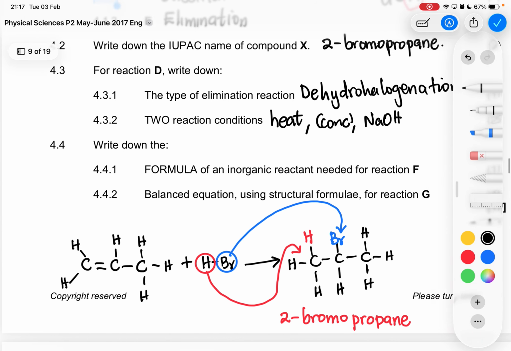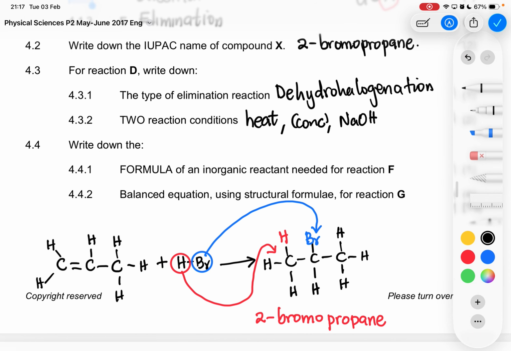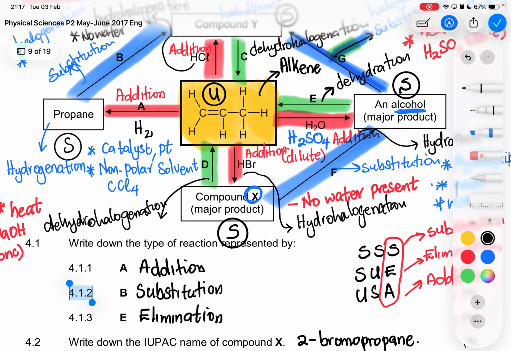Right, now compound F. Write down the formula of the inorganic reactant needed for reaction F. So we want compound X to be converted to an alcohol.